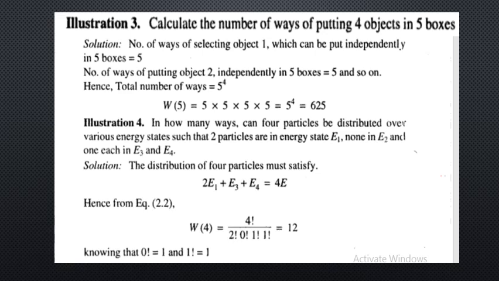The number of ways of putting object 2 independently in 5 boxes will be 5, and so on. We have 4 objects, so the total number of ways will be 5 into 5 into 5 into 5, equal to 5 raised to the power 4, which is 625.